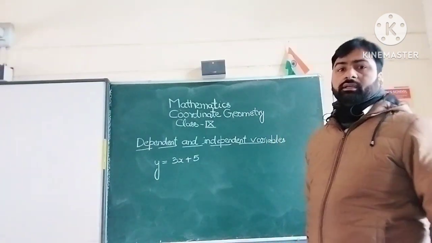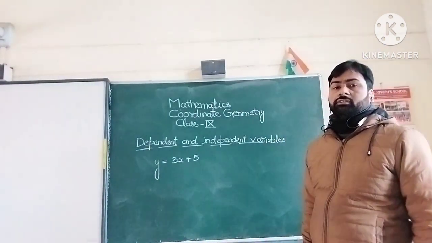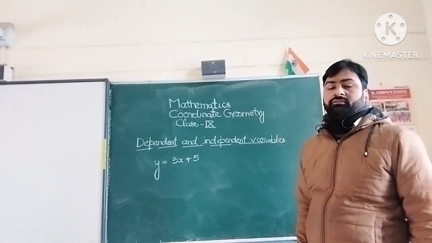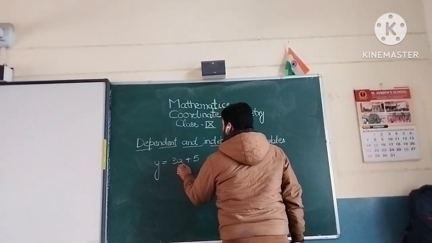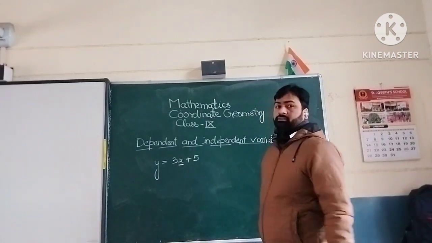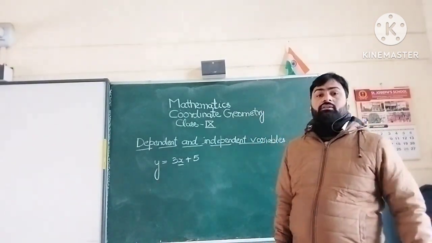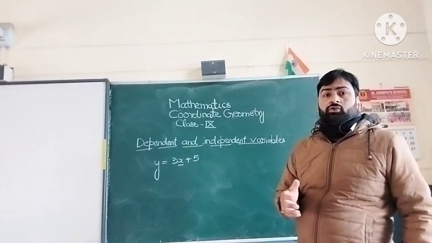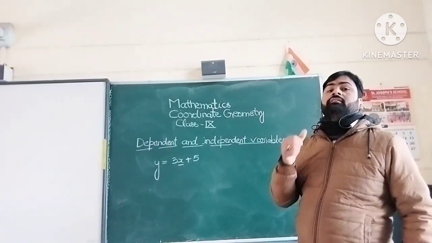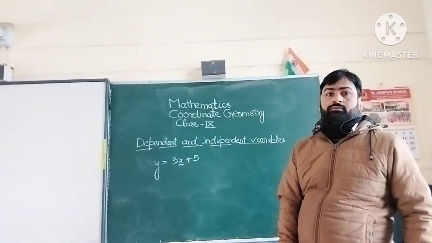Now children, if this is a linear equation, that is y is equal to 3x plus 5, can we say that the moment we fix the value of x, mind my words, the moment we fix the value of x, the value of y is automatically fixed, yes or no?